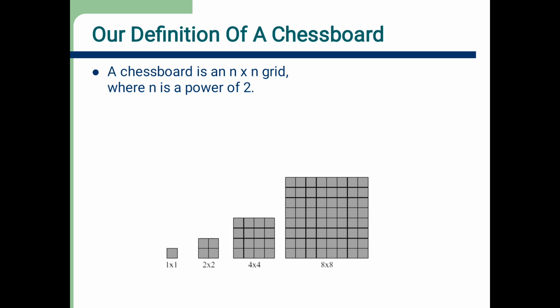As I mentioned earlier, the divide and conquer technique is also used here. Make every subproblem a smaller version. You are seeing here a 1 by 1 chessboard, 2 by 2, 4 by 4, and 8 by 8 chessboard. These are powers of 2.